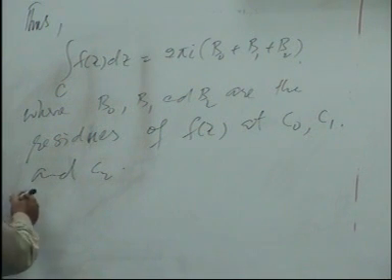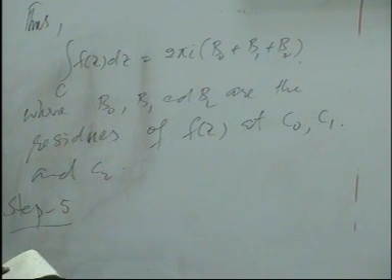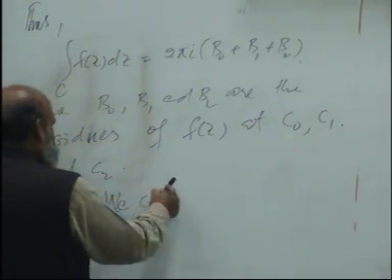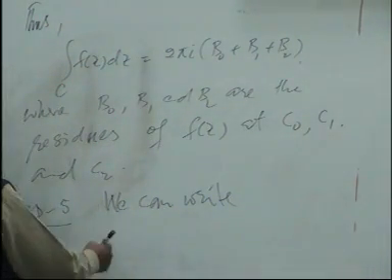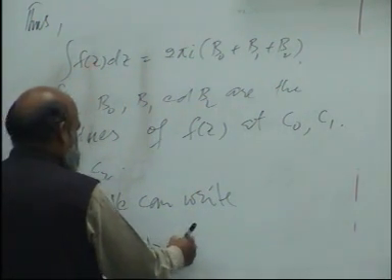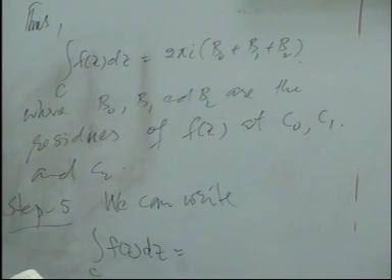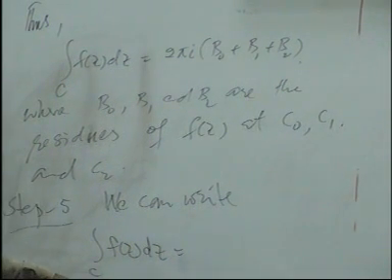Now as a fifth step, we can write this contour integral of f of z dz, where C is the combination of a line and the half circle.